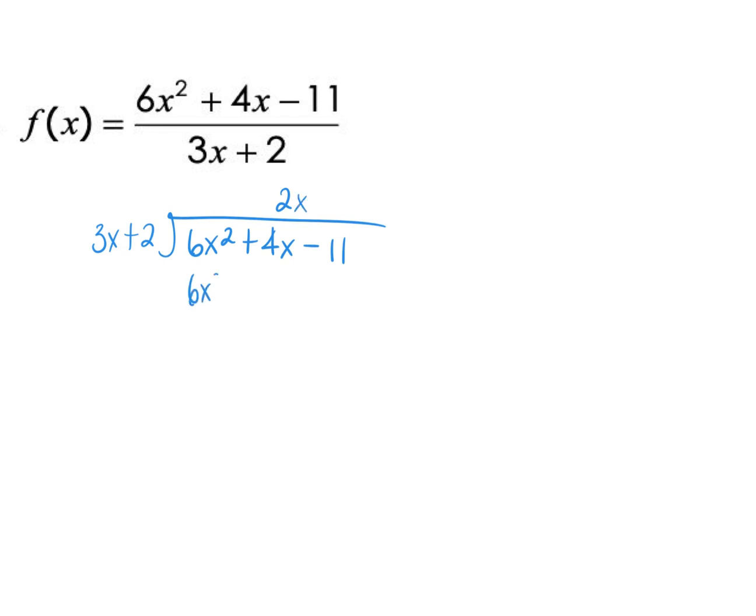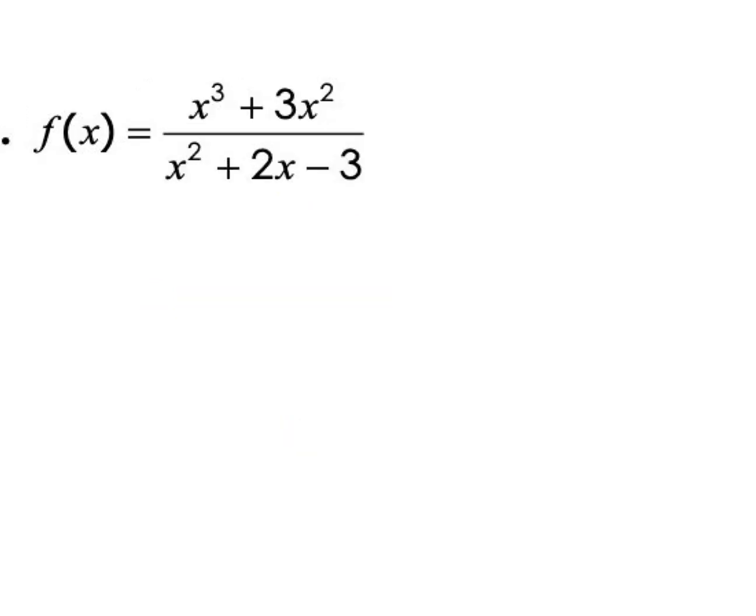So we have 6x squared plus 4x. This cancels, so we have -11. And then we don't have any values that we can add here, so we can stop here. And what we'll do is then just say y equals 2x.